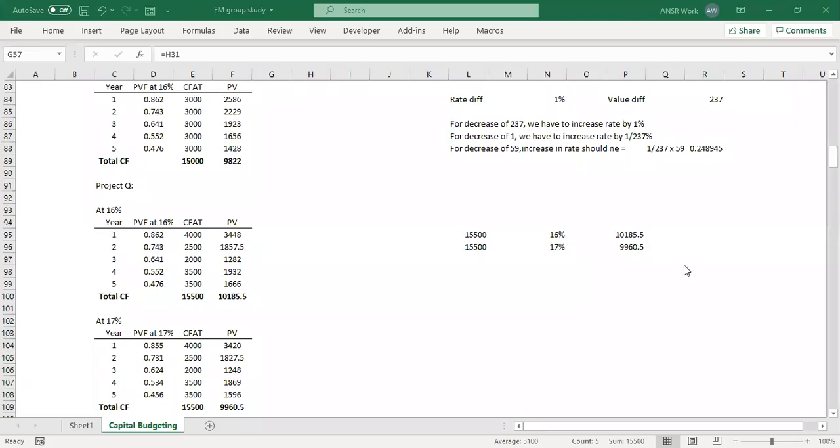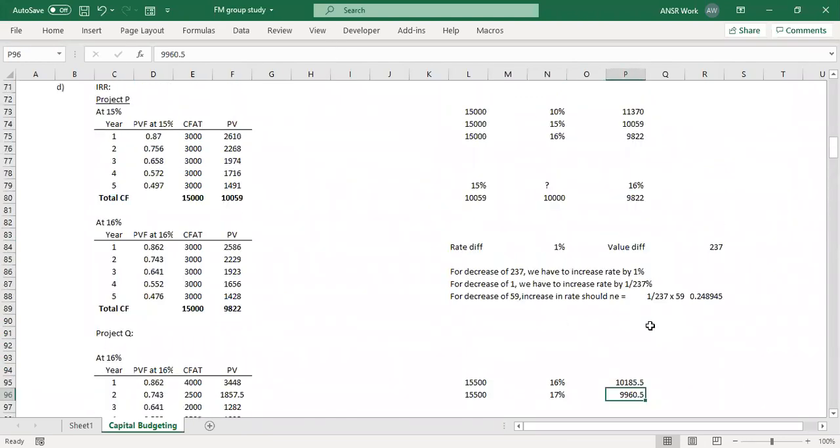Okay. Now, coming back to the question, as I was saying, for 15,000 at 16%, that's 10,185. For 15,500 at 17%, that's 9,960.5.